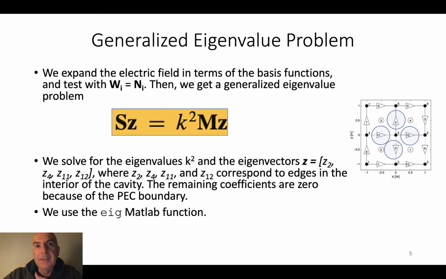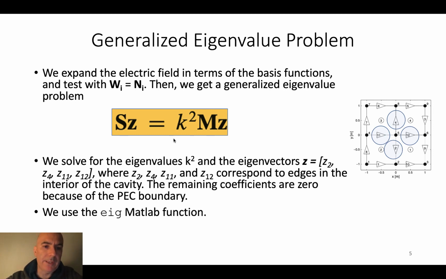If we cast this problem in a matrix form, we obtain the following generalized eigenvalue problem. This is S, a matrix, also called S for stiffness. Then we have S times Z, our unknown, equal to K squared, our eigenvalue, multiplied by a matrix M, our mass matrix, multiplied by Z, our unknowns.